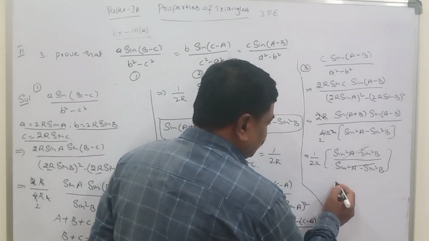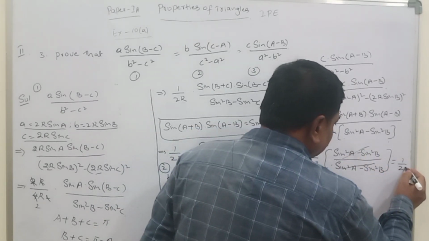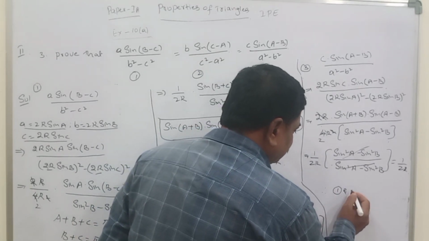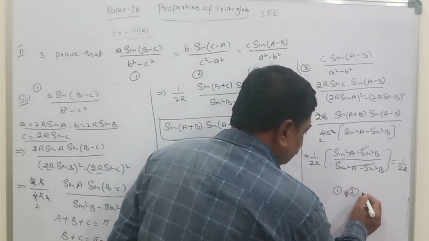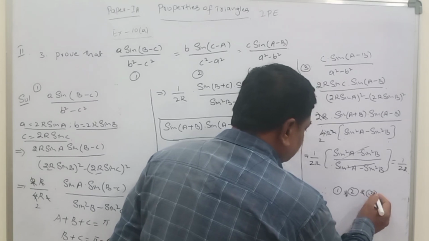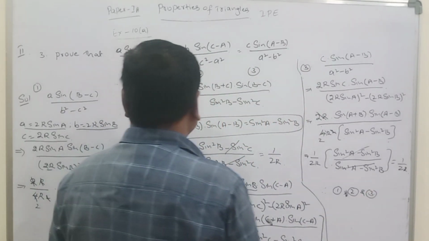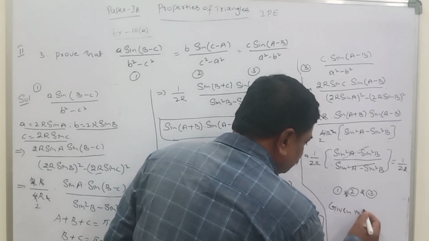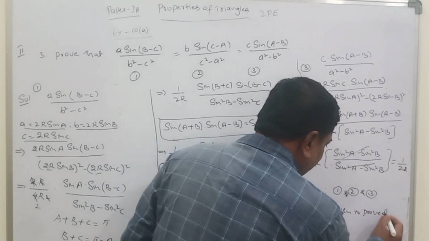This one cancels, it is equal to 1 by 2r. Therefore 1, 2 and 3, we can write, the given is proved. So the given is proved.